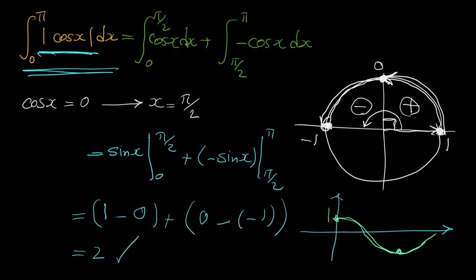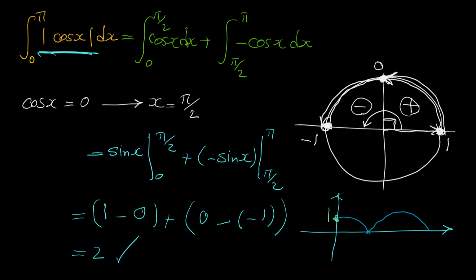So this part which is below the x-axis would reflect in the x-axis and become positive. So the graph of the absolute value of cosine of x is this. The positive part remains positive. This part which was below the x-axis, you should reflect it and it would be something like this.